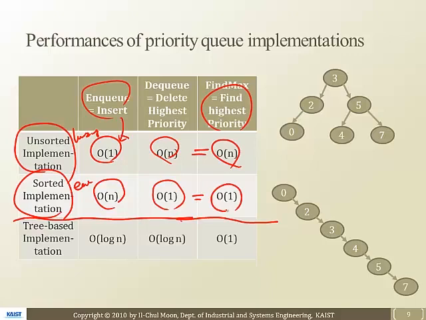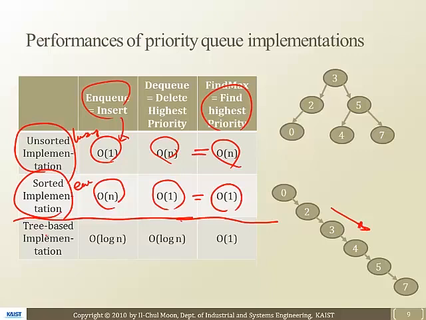Having said that, up to this moment, this is the linked list based approach. However, we know that we can reduce some time by utilizing tree-based operations. We haven't found any way to implement a priority queue with a tree-based structure, and actually it is possible, and it's coming in the second part of this week.